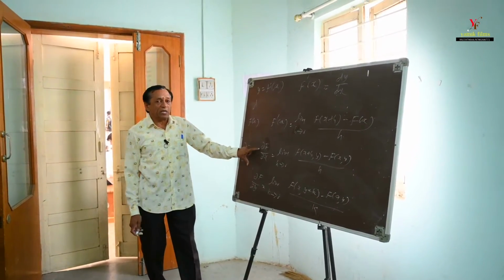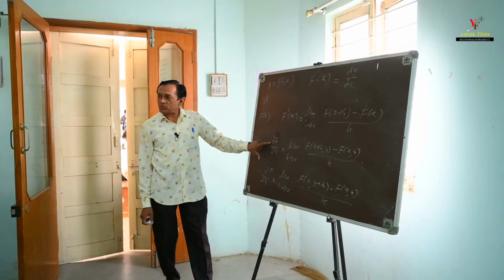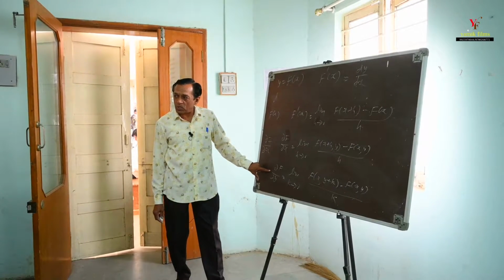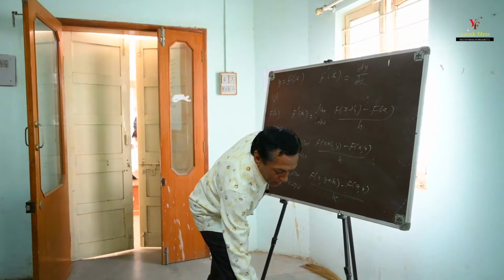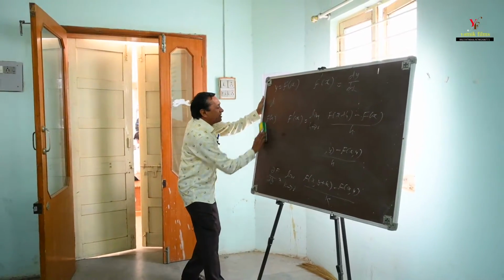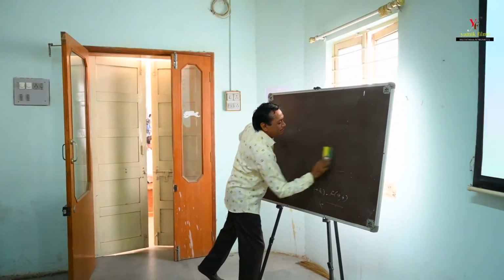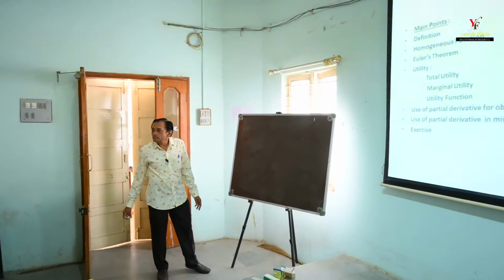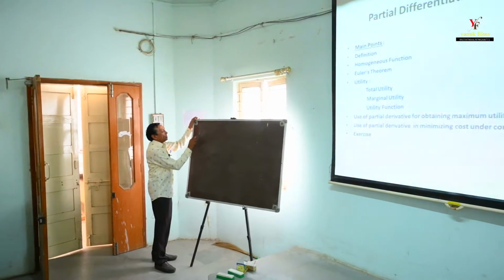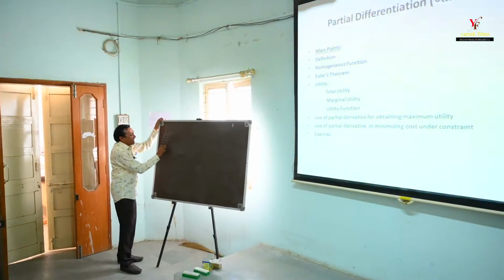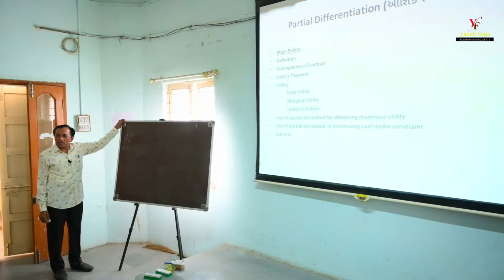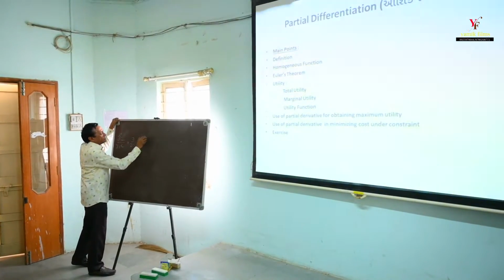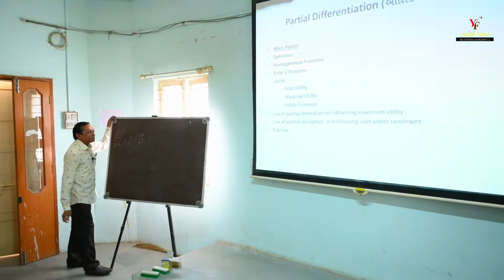This is the first partial derivative using the definition with respect to x. This is the first partial derivative with respect to y. Same, we can obtain a second partial derivative. Delta square z by delta x square, then we put delta by delta x of delta z by delta x.